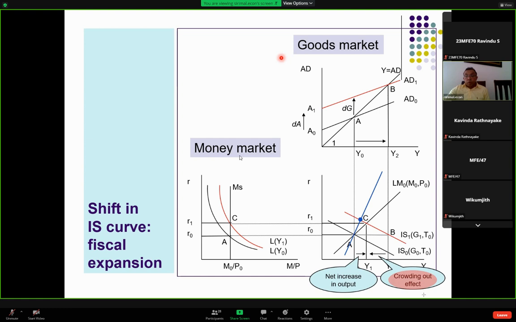Which means now crowding out has become bigger. You see, from this point to this point.